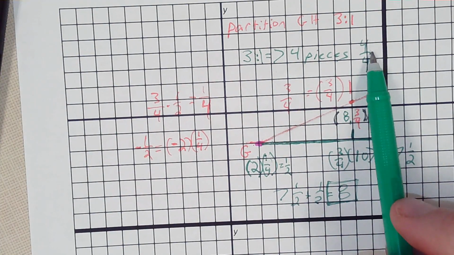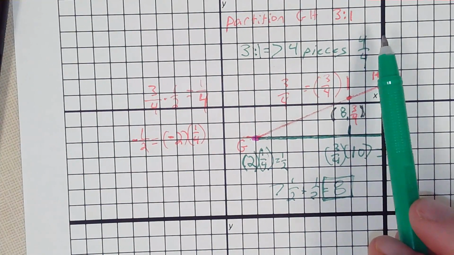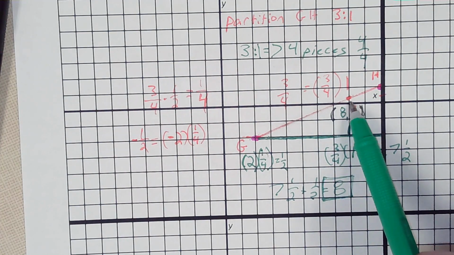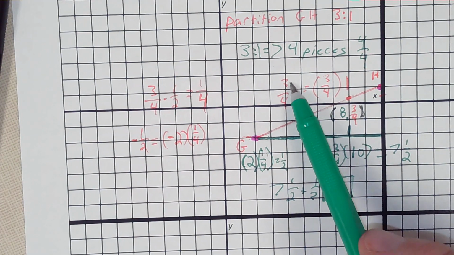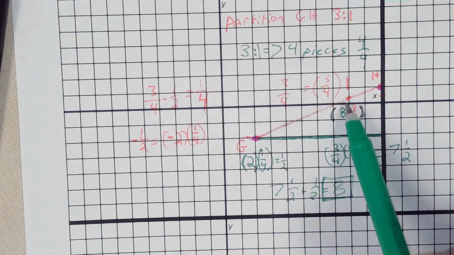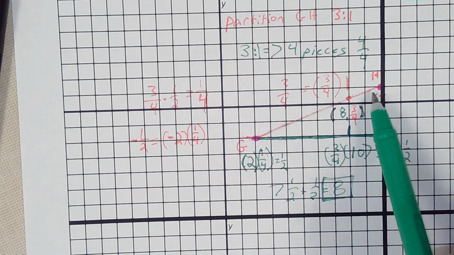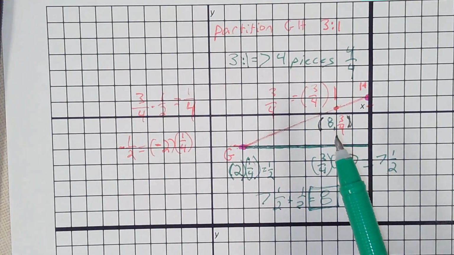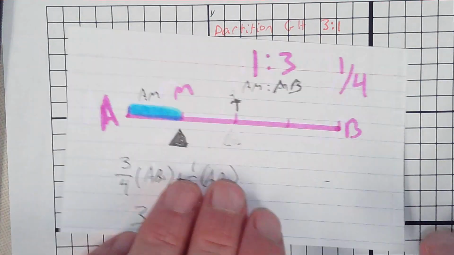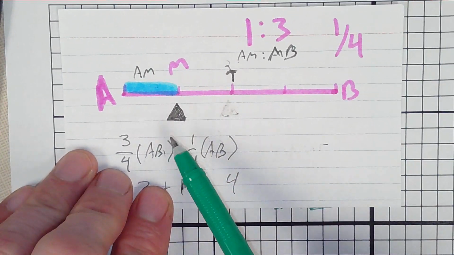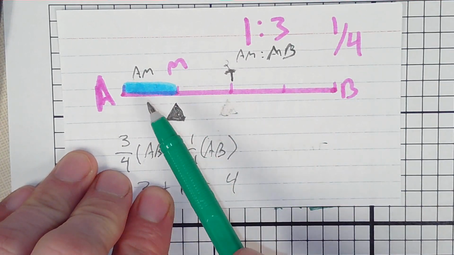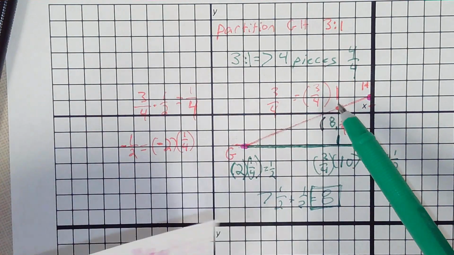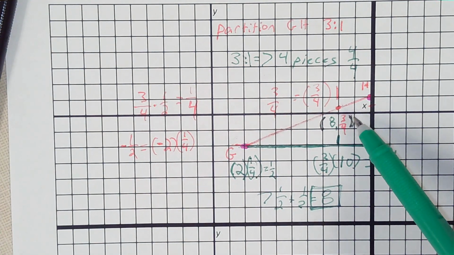Then the one that's closest gets the most number of pieces. Right? This one got 3 of the 4 pieces because it needs most of the weight to balance the line. Remember, the scale needs to be balanced. Right? This is heavier than that. So it needed more of the weight to balance this.